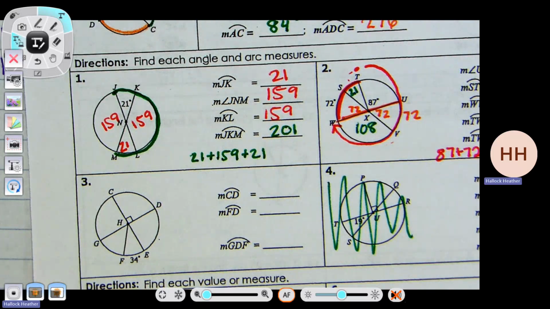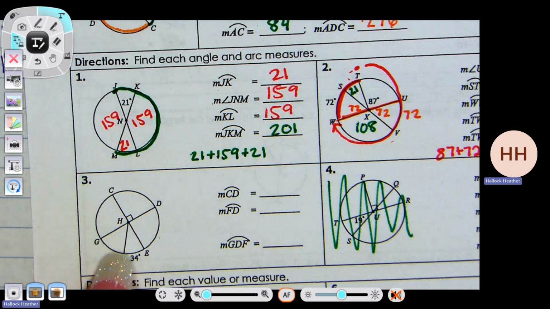Wait, so 34 is, so E and G, right? E and F is not half, it's smaller. But that corner is a vertical angle to the square. So this total needs to make 90. So 34 plus something makes 90, because that's vertical angles to 90. The 34 is outside, but that also means that that's the inside.